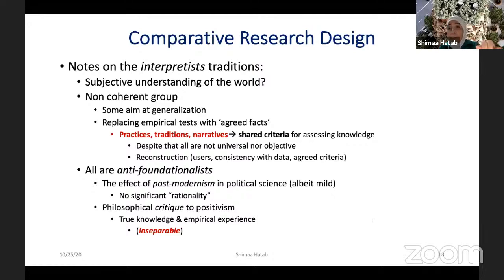But some interpreters actually contest this postmodernist notion about rationality. No, I can find some sort of grounded rationality in these practices, traditions and narratives, because actors have their own reflection on a structure or institutions, such as marriage or the economic structure in Saudi Arabia, for example.